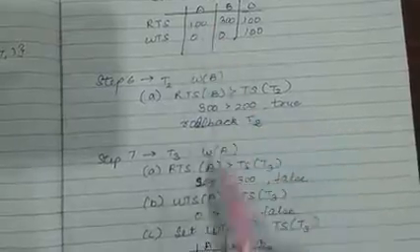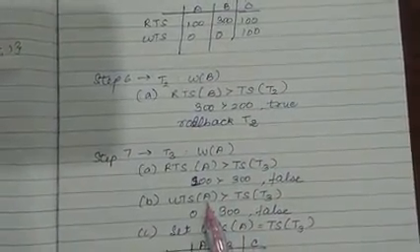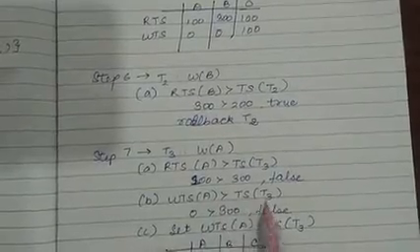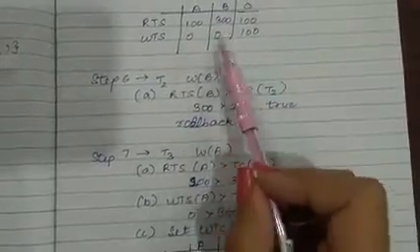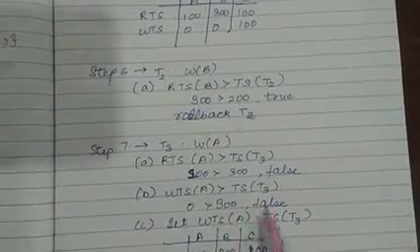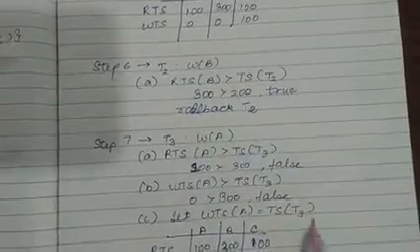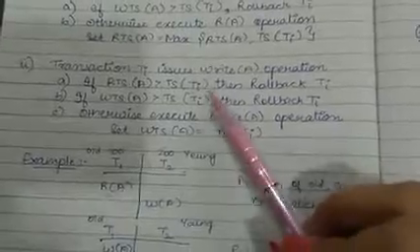RTS A's value is 100. Is 100 greater than 300? No, false. For step B, is WTS A greater than TS T3? WTS A's value is 0. Is 0 greater than 300? False. Then set WTS A equal to TS T3 according to step C of rule 2.